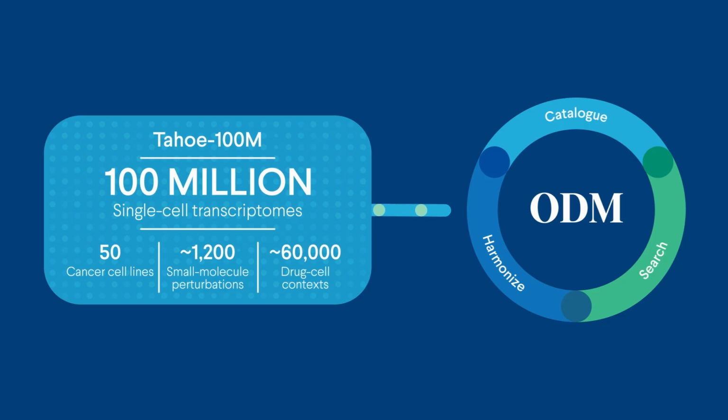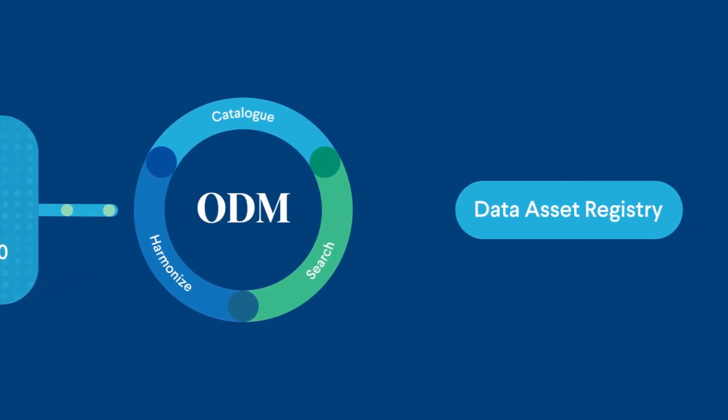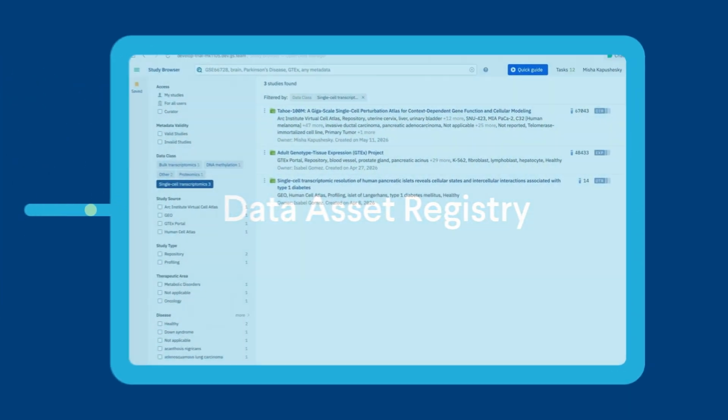Open Data Manager structures this complexity into two complementary layers. A data asset registry provides semantic context, ontology-mapped attributes including cell type, donor, age, and disease state, templated and versioned to ensure harmonized, FAIR, and reliable data.